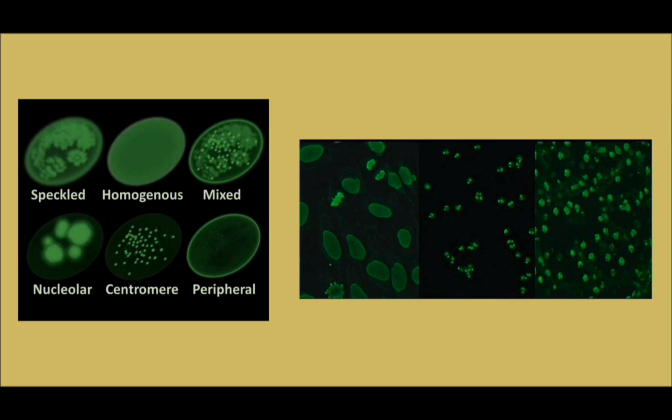Speckled pattern shows granular staining of the nucleus, and it is due to antibodies against extractable nuclear antigens such as Smith, etc. This is frequently seen in SLE. Homogeneous pattern shows uniform staining of the entire nucleus and is caused by antibodies against double-stranded DNA and histones. This is commonly seen in SLE.